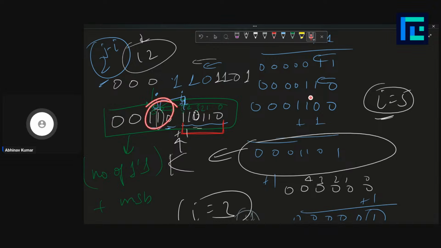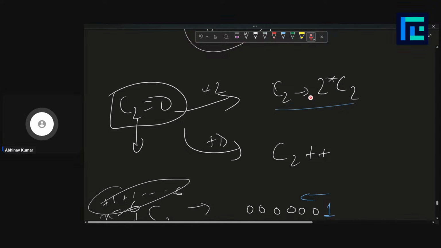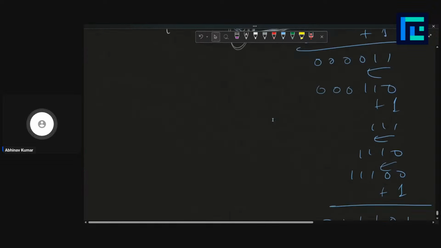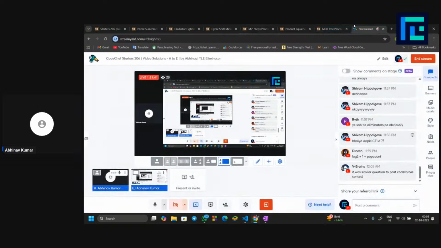For the remaining, a 1 would contribute 2 to the power j minus I type 2 operations. This way you can get the minimum number of type 2 operations. And once you get the minimum number of type 2 operations for every I, minimize the overall type 1 plus type 2 operations. This way you will minimize the overall answer. Is this thing clear to you?